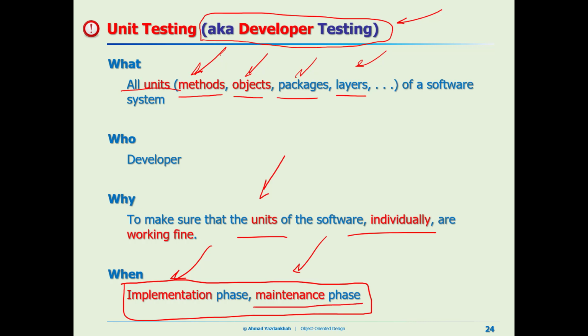In the maintenance phase, you are going to fix some problems, you are going to enhance the current features, or we want to add some new features, or you are going to migrate the software to a new technology. So all of this happens during maintenance, right? In that case, unit testing is one important part of the development.